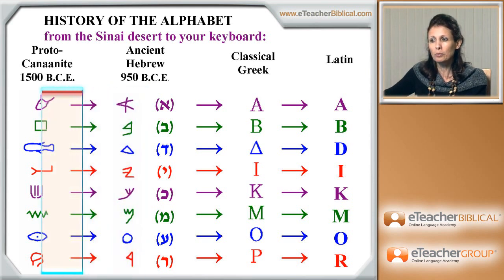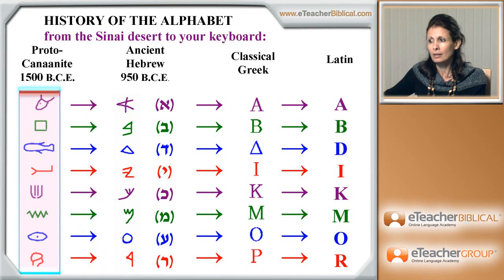So what happened with the Proto-Canaanites? They invented something magnificent. They invented a system of letters as we know today. Instead of having many symbols, many characters, they thought of minimizing it, just representing a sound. So the Proto-Canaanites developed their letters by drawing a picture of something that began with a sound they wanted to represent.